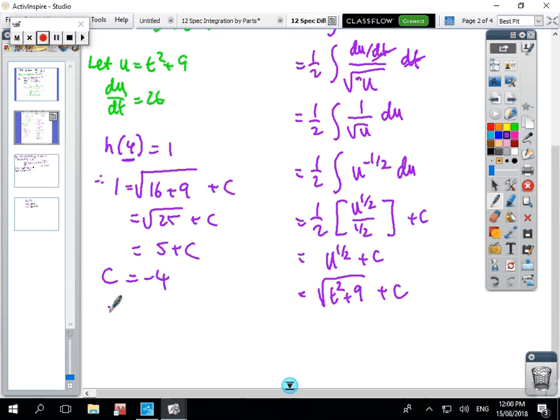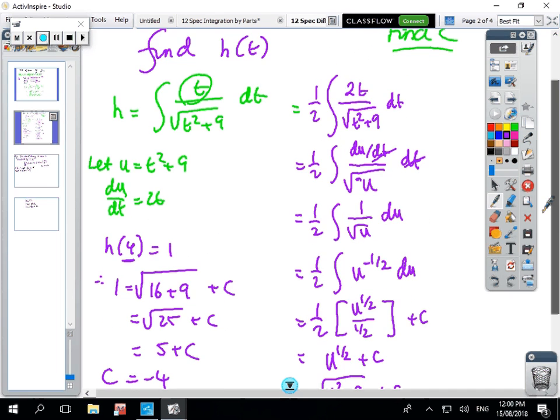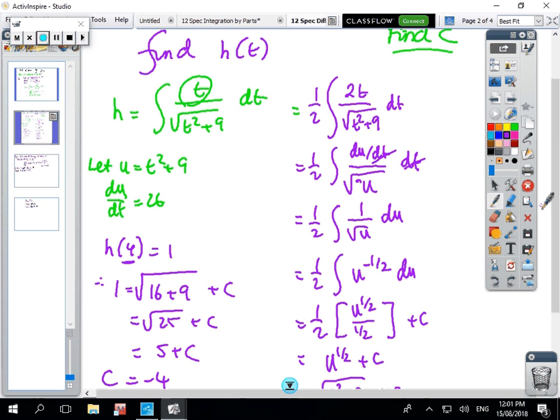And so your function is h equals the square root of t squared plus 9, minus 4. Okay, so that was not even a log function, it was just a straight substitution. Okay, come across when you're ready.